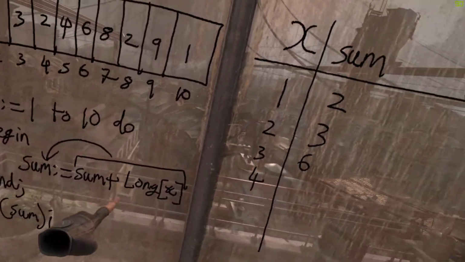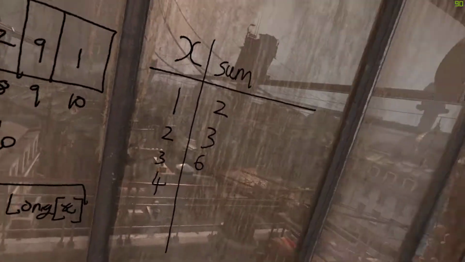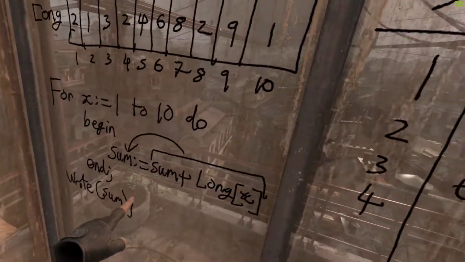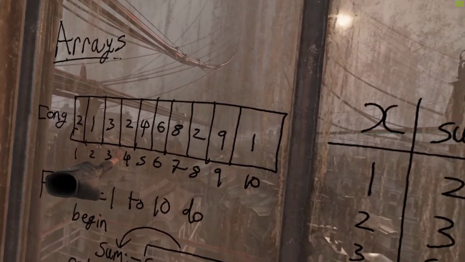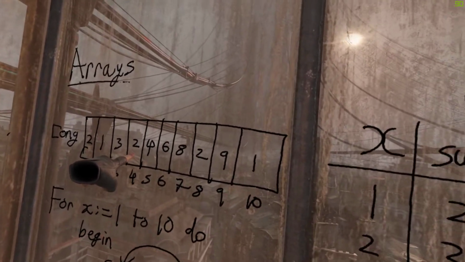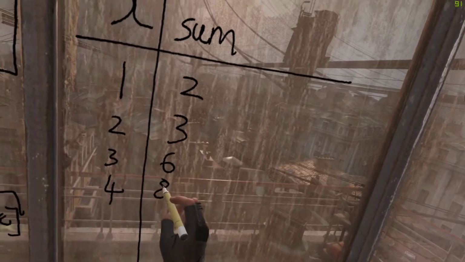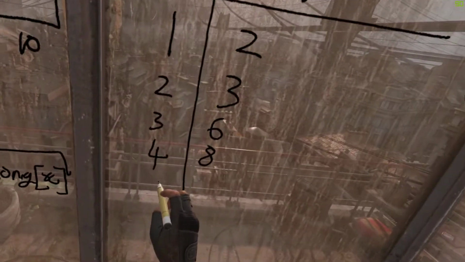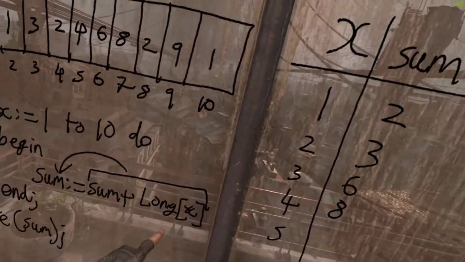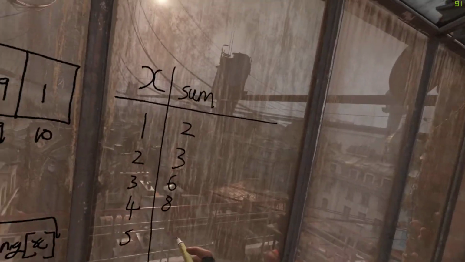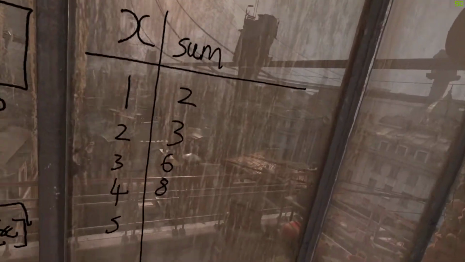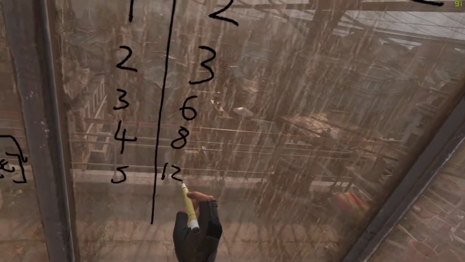Sum becomes sum plus long[4]. The sum is 6, so 6 plus location 4, which is 2, that's 8. Go back up. X becomes 5. We add sum to location 5, so that's 8 plus 4, that's 12.